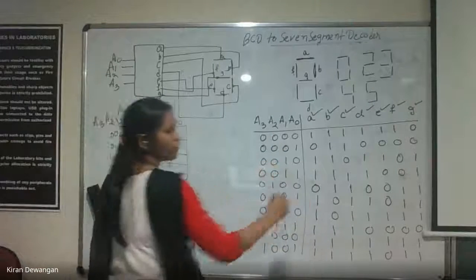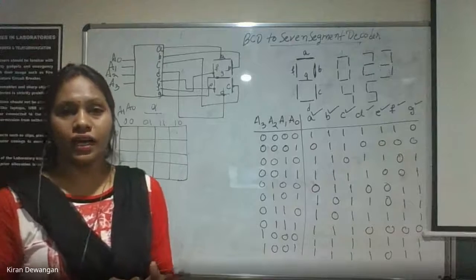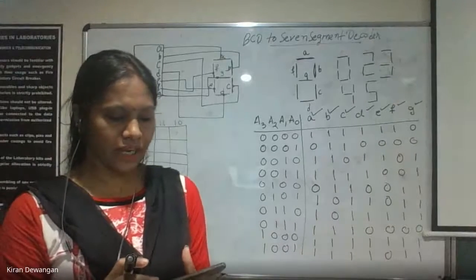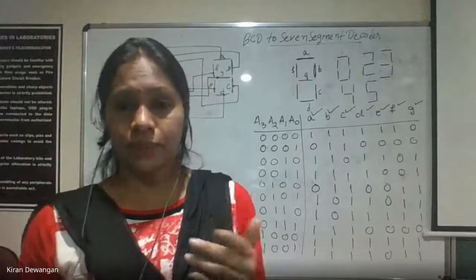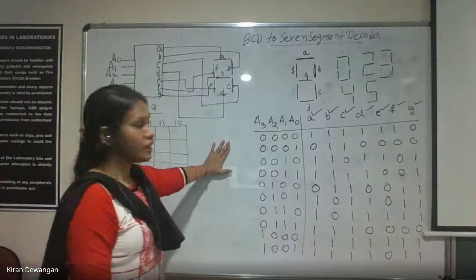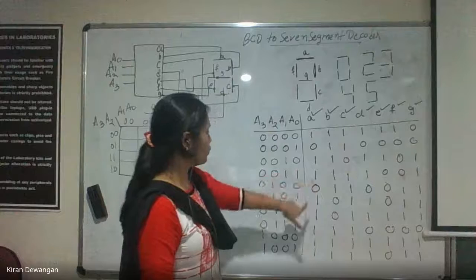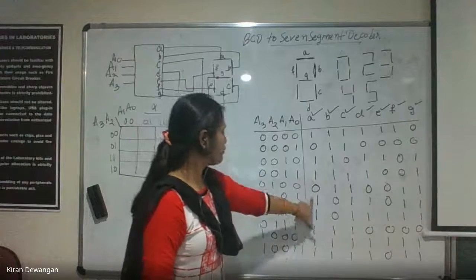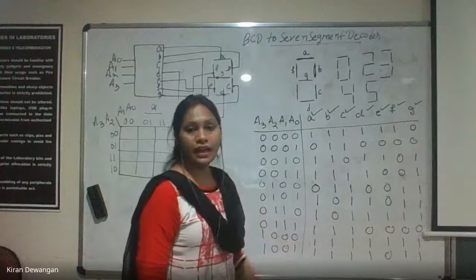Where is my A going high? Yes, tell me first. कहाँ पर A high है? फटाफट जल्दी जल्दी रिप्लाई करो. ये आप ऑलरेडी कर चुके हो. A कहाँ पर हाई जा रहा है? For 0, 2, 3, 5, 6, 7, 8, 9.